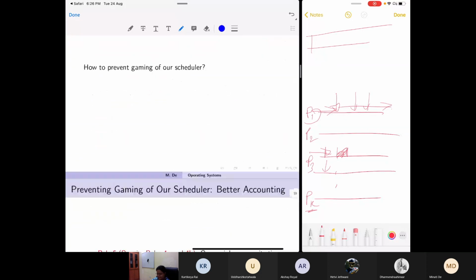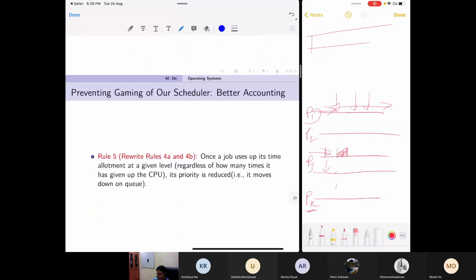So it's very straightforward. The rule is something like this. I am just modifying rule 4A and 4B, and this will be my new rule 4. Okay, it's not rule 5, it's rule 4. So what are we saying?